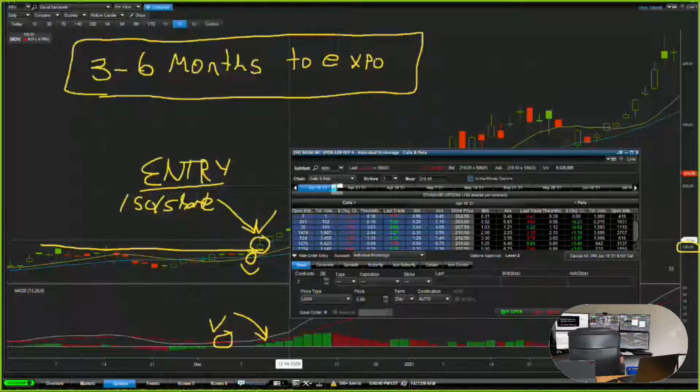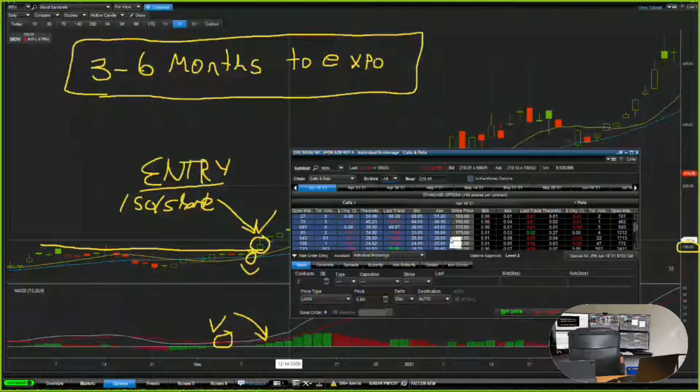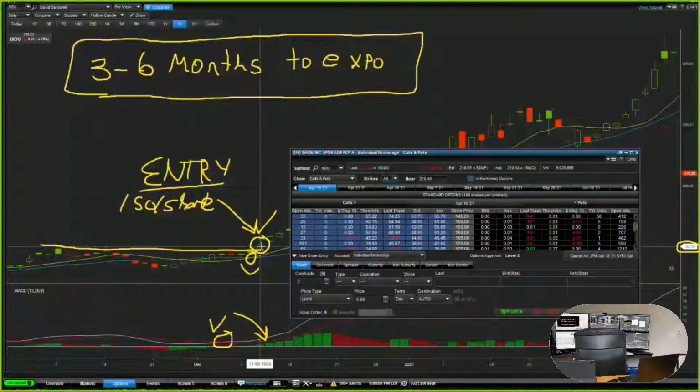So I'd probably pick up the next one. Let's see, we have to go back to our strikes here. So I probably would have picked up the 155 strike call, right? So the 155 strike call, I'm writing that down. 155 strike call, that's what I would have bought right back here on December 9th, okay?